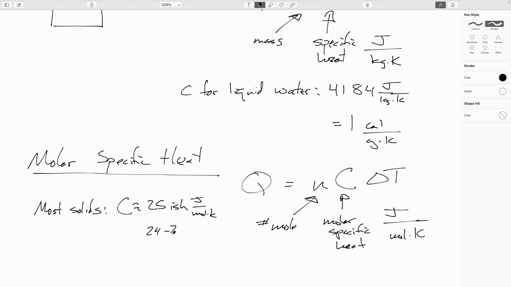Maybe like 24 to 26 would be a good band to think of here, or even a little higher, but just in the ballpark of 25. Frozen water, ice, is notoriously high at 37.6. That's sort of the exception, and that has to do with some particular details about the molecular structure of ice. Now, as far as liquids go, there isn't any particular rhyme or reason, but we'll get into why all these numbers are in the ballpark of 25 for the solids later on.